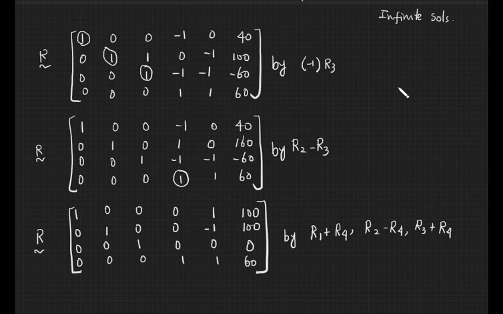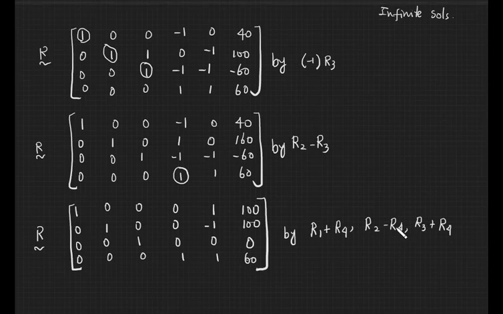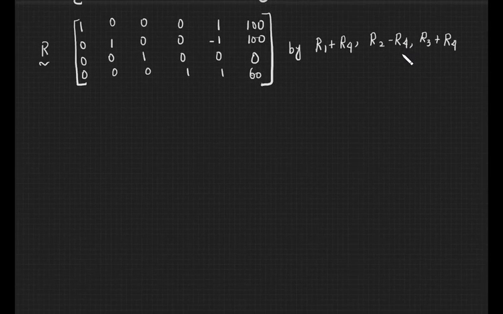Correct? Now this is the reduced echelon form of the augmented matrix of the given system of linear equations. Now we can write the corresponding system of linear equations. It can be written as x1 for this one.